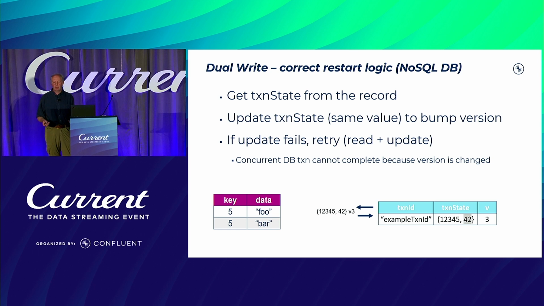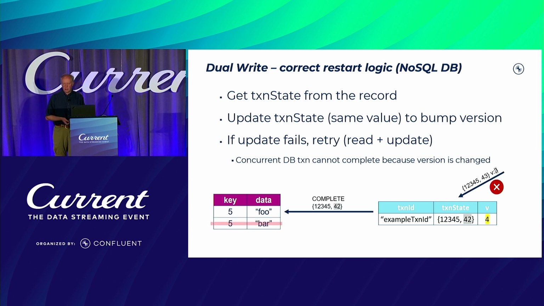We don't want to change the value, all we want is to change the version, so that if the transaction comes and tries to update the data, it will not succeed because the version is updated. This brings atomicity to the correct outcome, so that the Kafka log matches the database state, which is a properly aborted state in both data sources.